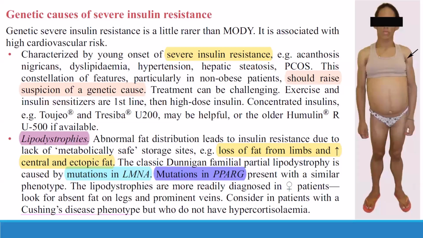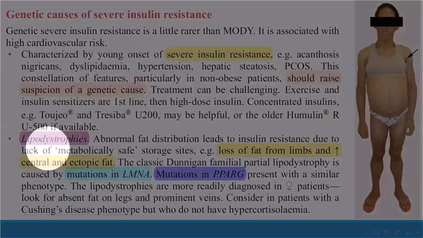Another rare specific type of diabetes mellitus is the genetic cause of severe insulin resistance, especially lipodystrophy. Lipodystrophy is repeated in the exam. If we have loss of fat in the limbs and increased central and ectopic fat, it is usually lipodystrophy.